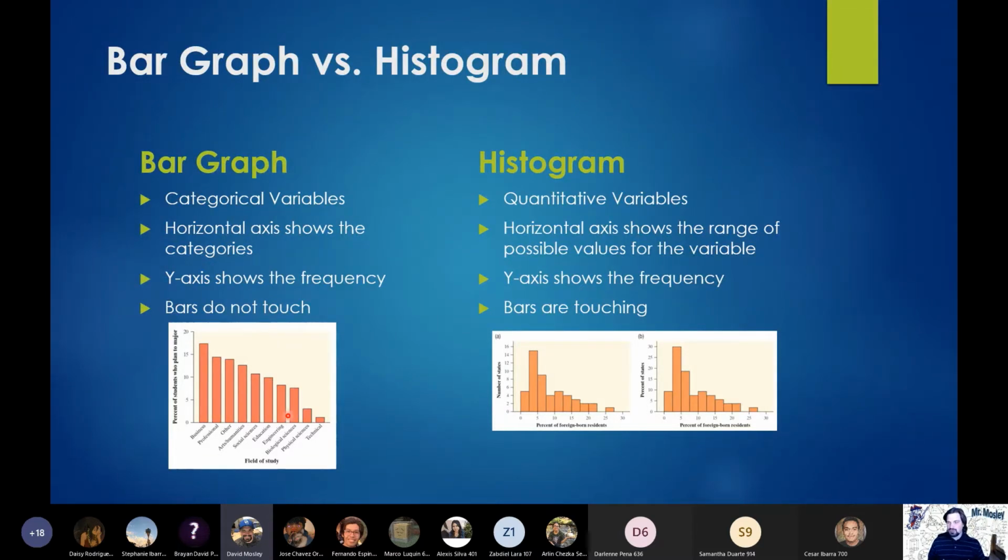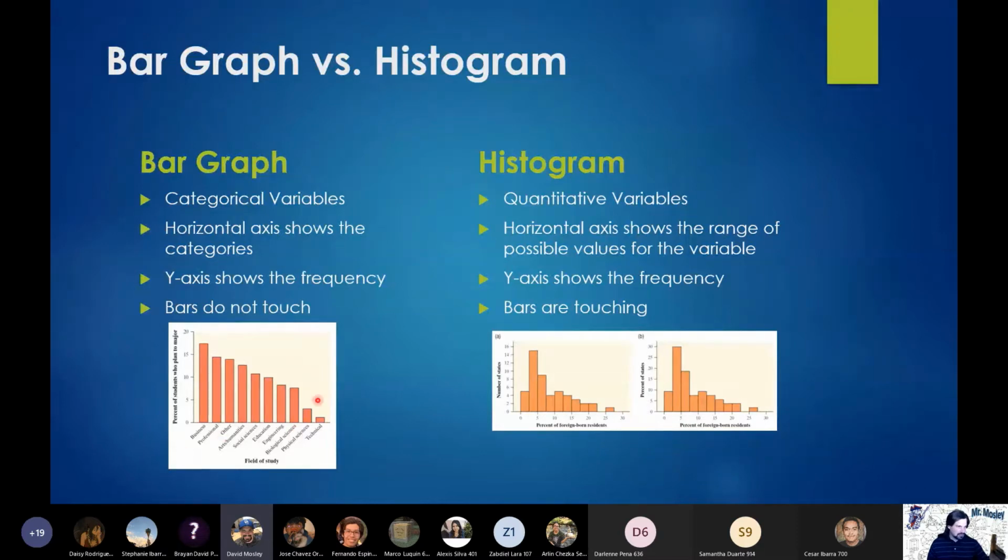A lot of you said that you can describe a bar graph as skewed to the right or having a shape, and you cannot. While it looks like it might have a shape that we could describe as symmetric or skewed, that's false. When you're talking about a bar graph and we have categories along the bottom, I can mix these categories around in any way that I want to create any shape. So the shape is not unique.